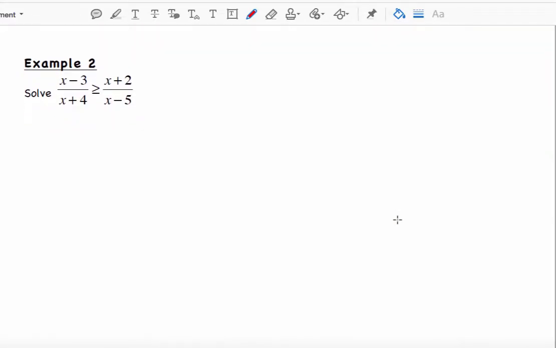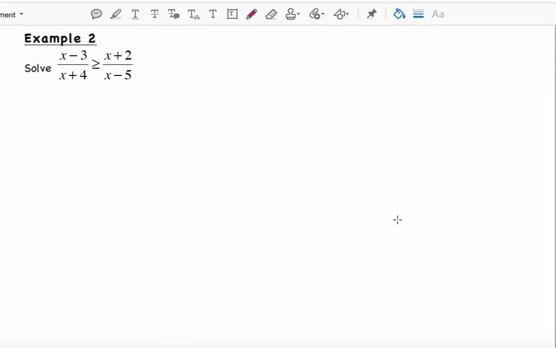All right, example 2 is a little tougher because when I bring my second fraction over to set my inequality to 0, it's a little difficult to combine the fractions together.